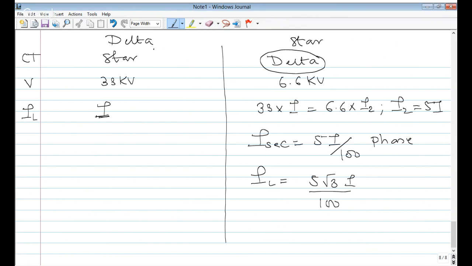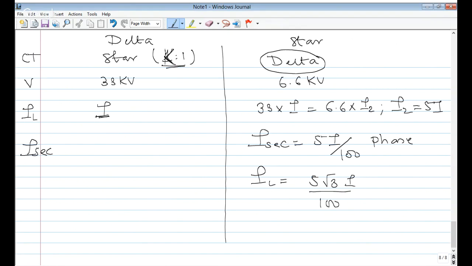I will assume here that the transformers are K:1 transformer, CT. Now I know IL. Now once I know IL, this is basically primary current of CT. What about secondary current?